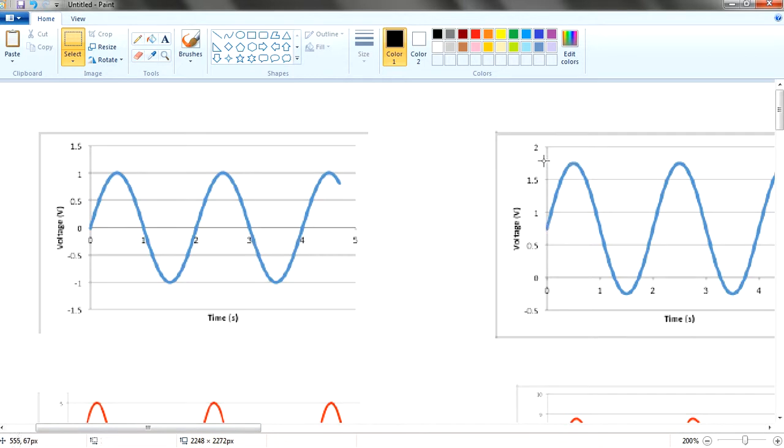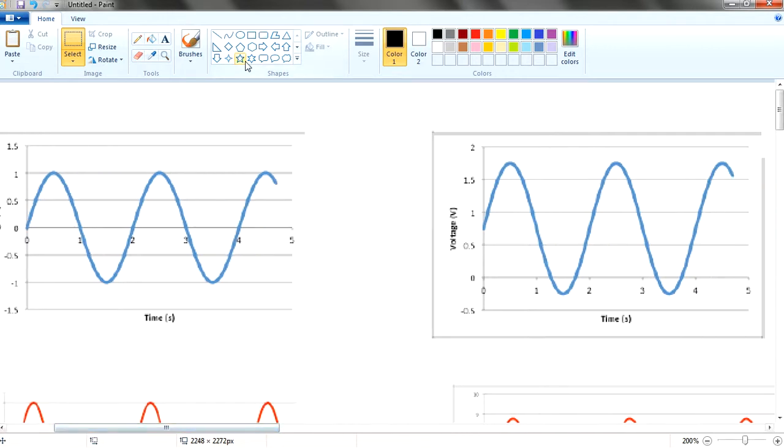They are all the same, from 1.75 to 0.75, sorry. So 1.75 minus 0.75 is still 1, the same as this one. I didn't change the amplitude at all.